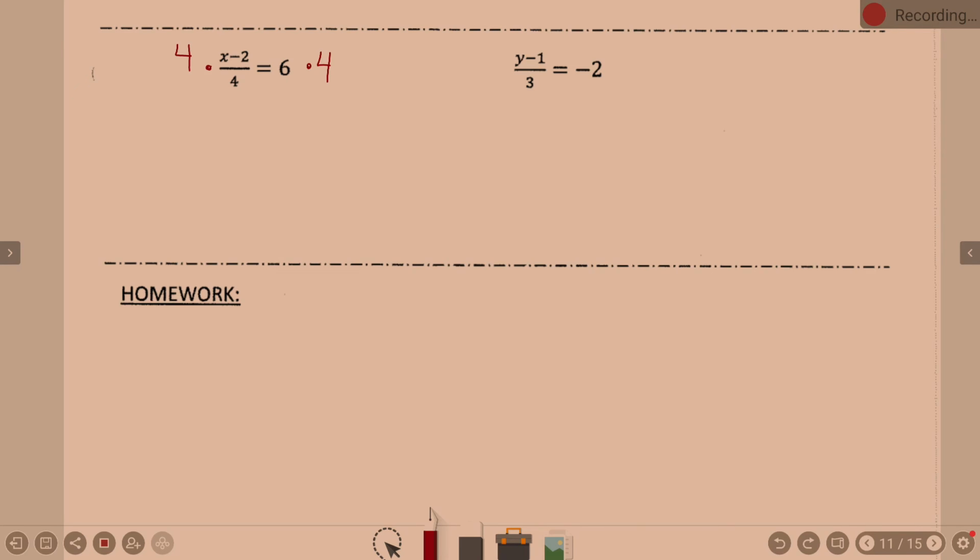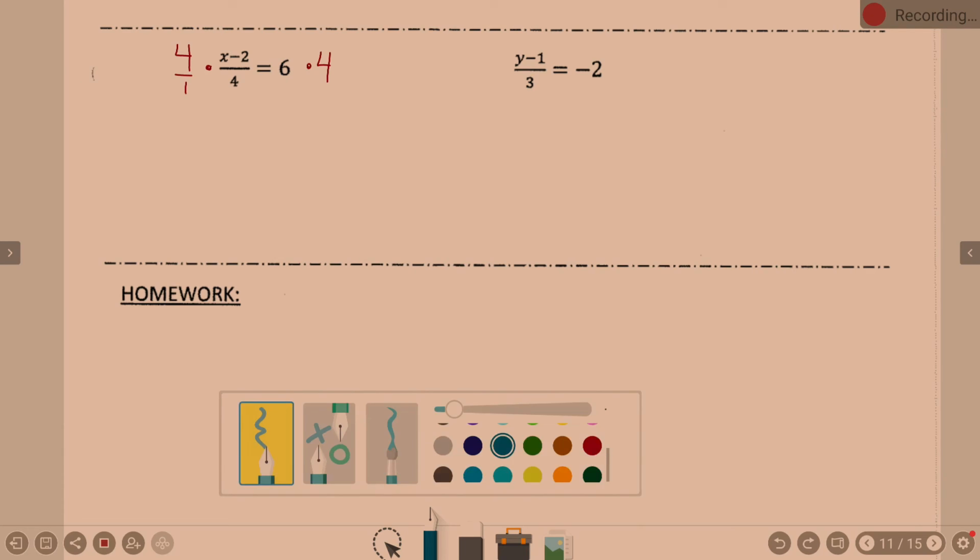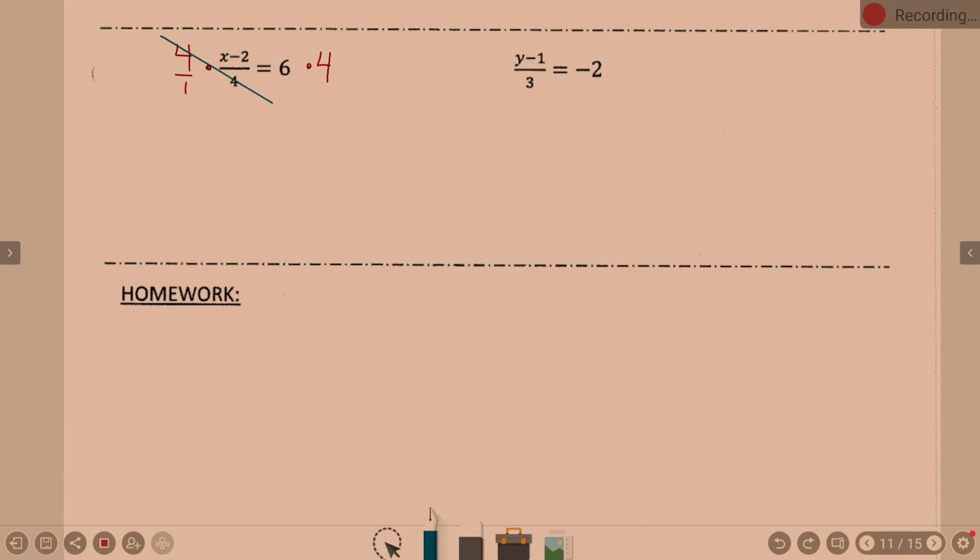So now I'm multiplying by 4. This 4 over here, technically you could say 4 over 1, but what's going to happen with the 4s? They cancel. So what remains there once my 4s cancel?